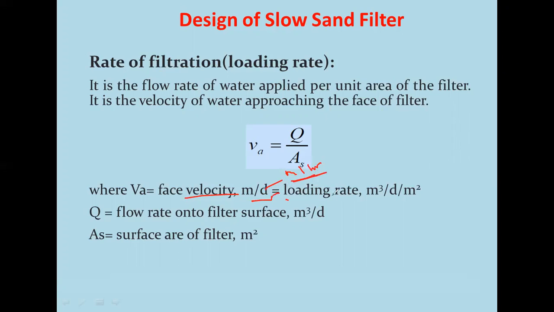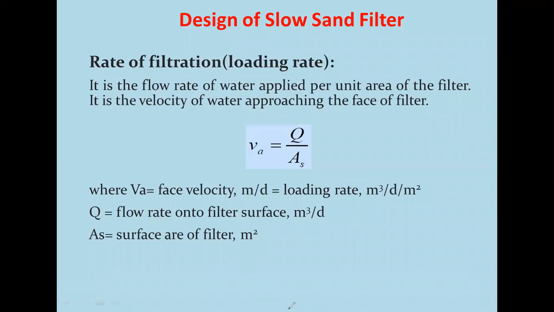It is nothing but the loading rate or rate of filtration. Q is the flow rate onto the filter surface, measured in meter cube per day, and the surface area is measured in meter square. This is what we should understand before designing the slow sand filter.